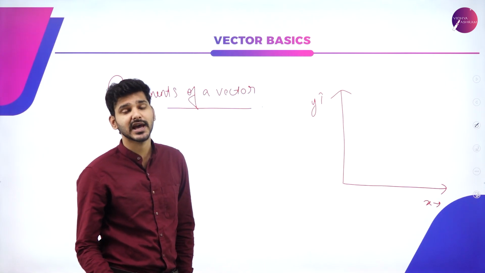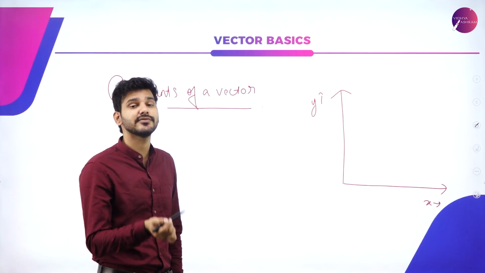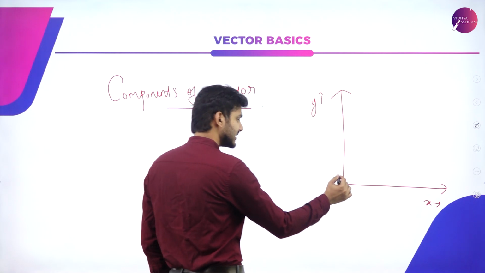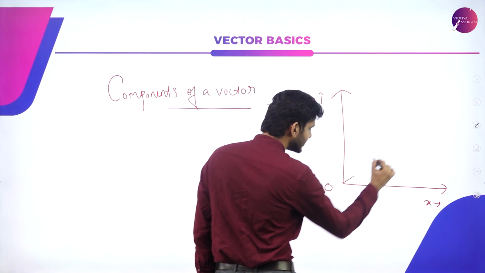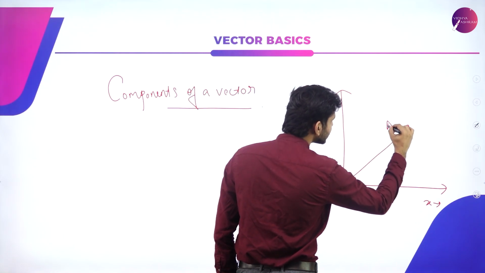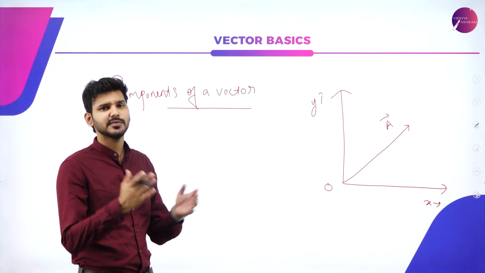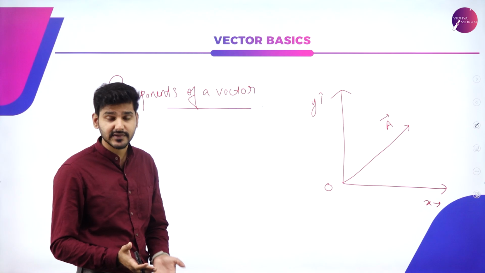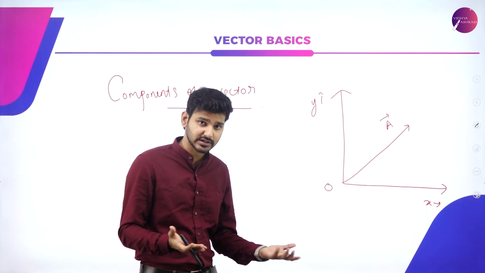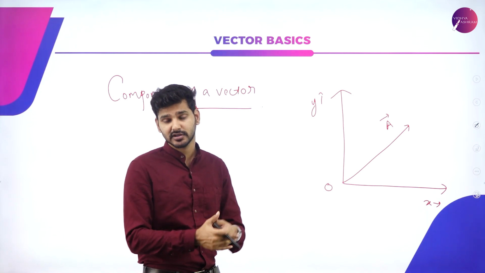So let's imagine that there is a vector, vector A, represented just like this. O is the origin. A can be anything. For example, it can be a velocity vector, an acceleration vector, or a displacement vector. It does not matter.